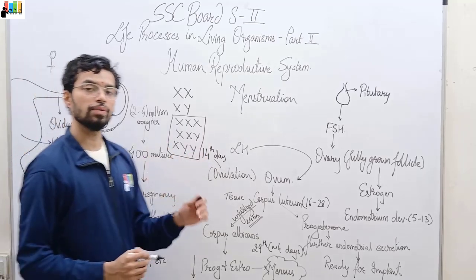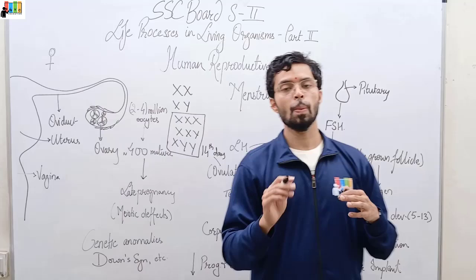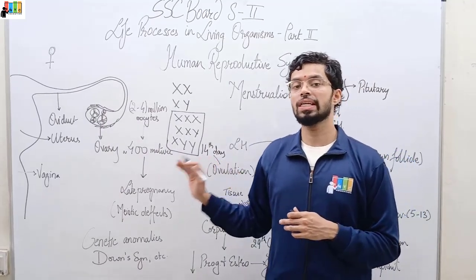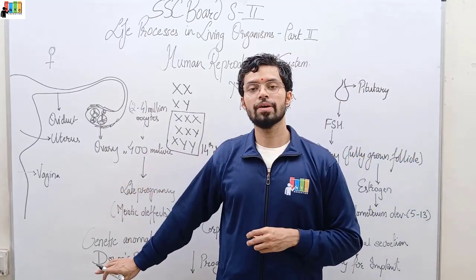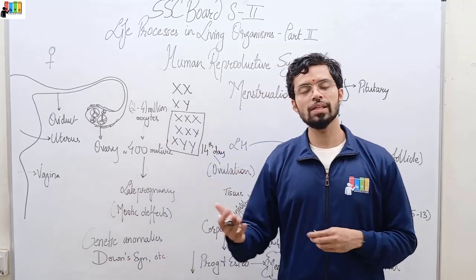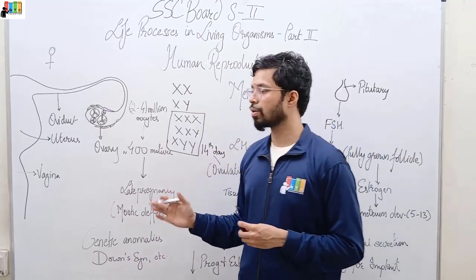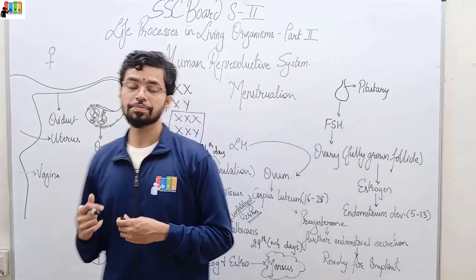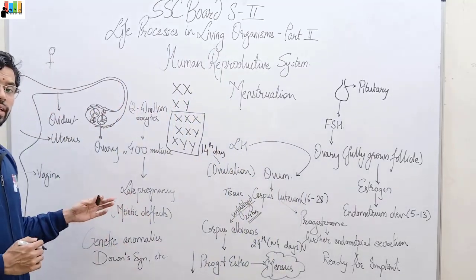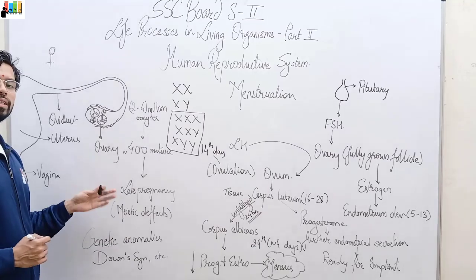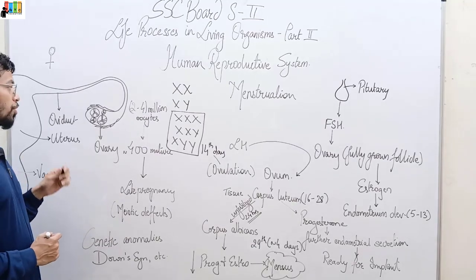Famous ones are Down syndrome or Klinefelter syndrome. You don't need to remember the genetics of them. Just remember these examples for this stage. In your 12th, you will be doing what these syndromes are and what they are caused by. So the underlying fact is that the later you conceive, the more chances of you having a problem.